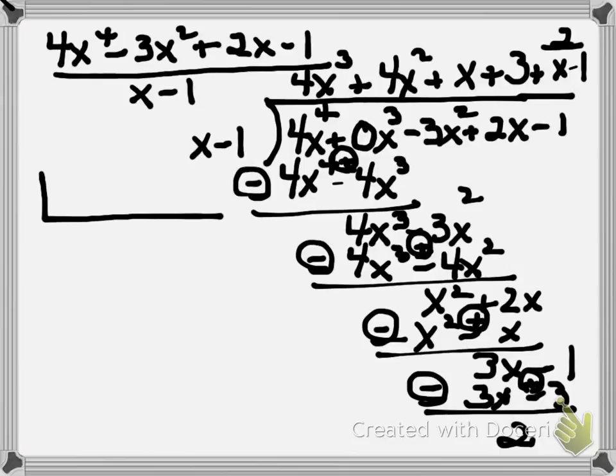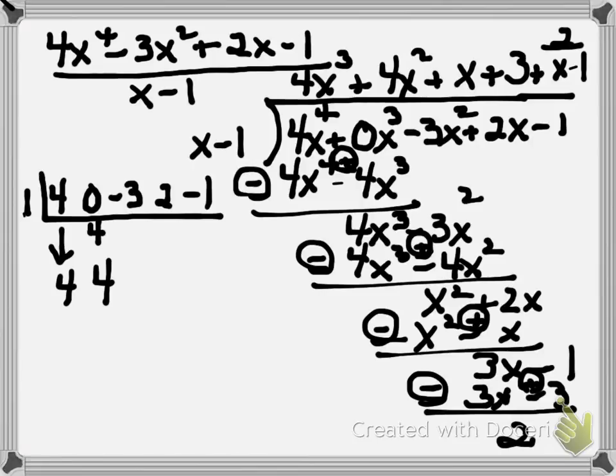Using synthetic division, I would set x minus 1 equal to 0, which gives a root of 1, and represent each one of the coefficients of each term as 4, 0, negative 3, 2, and negative 1. Bring down the 4. 4 times 1 is 4. 0 and 4 is 4. 1 times 4 is 4.